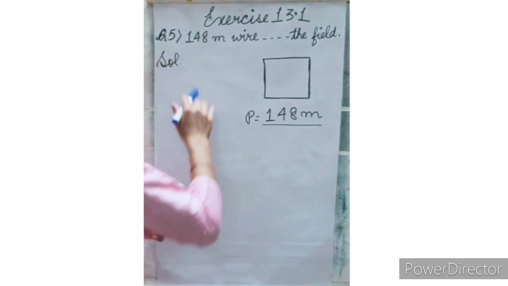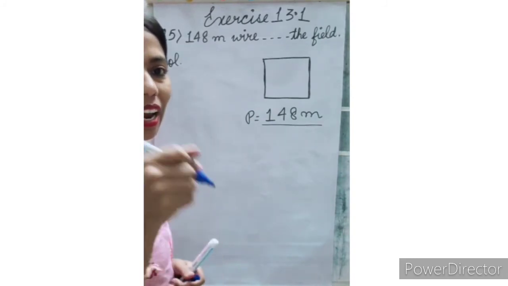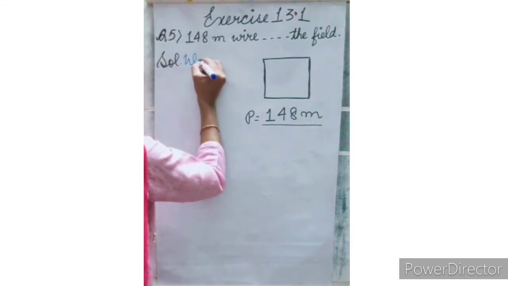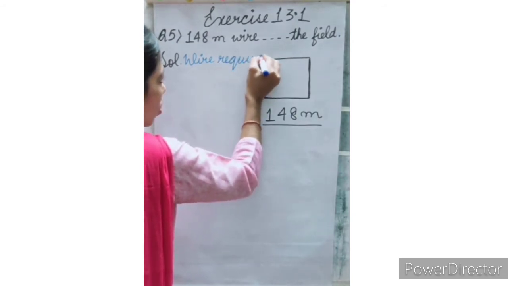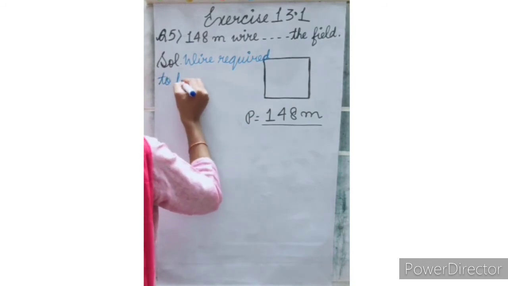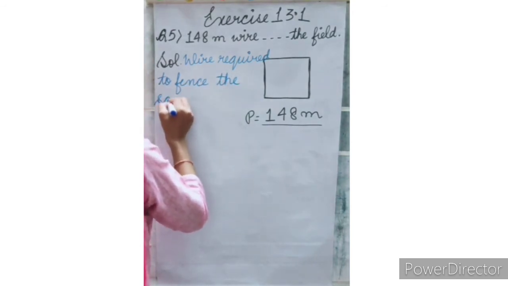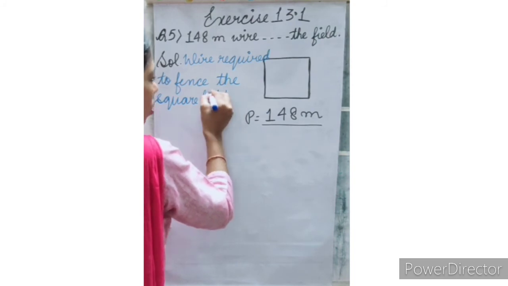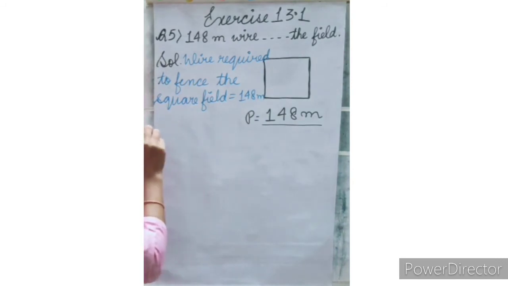So let's start. As it is a word problem, first we will write the information given in the question. Wire required to fence the square field is equals to 148 meter.